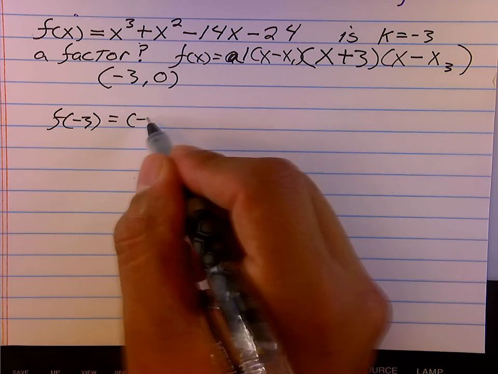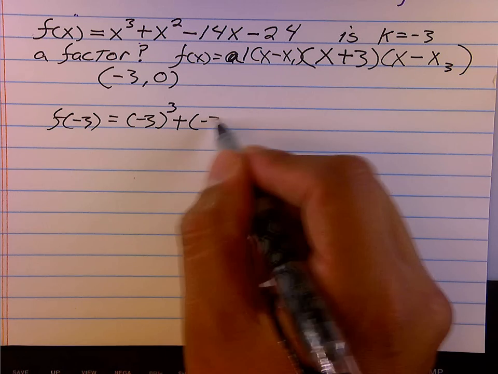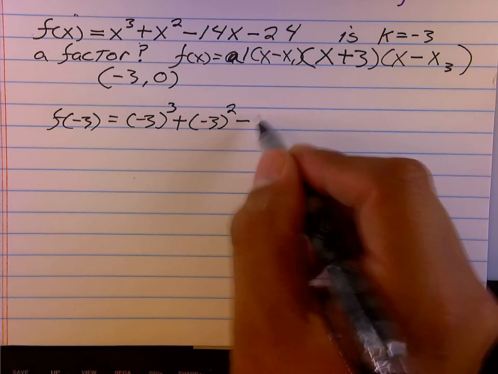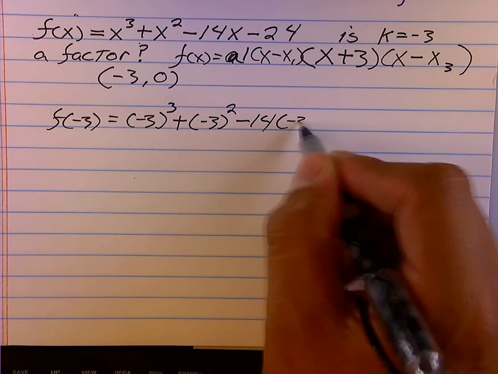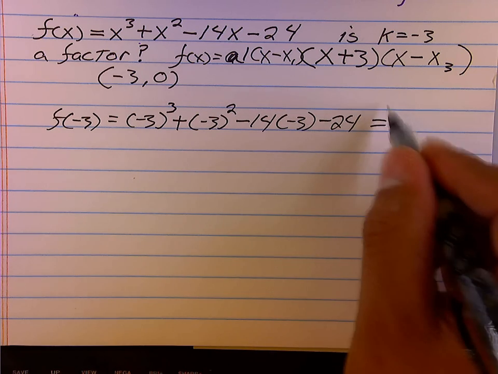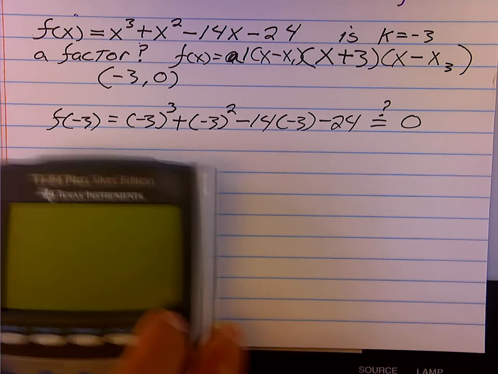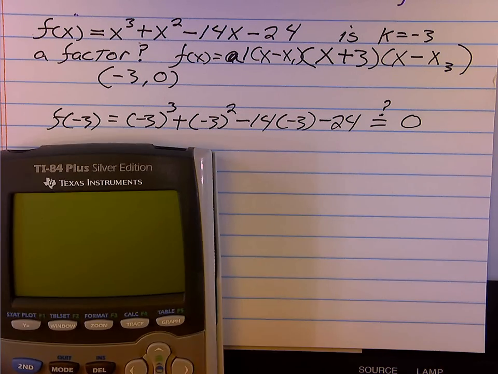I'm going to plug in f of negative 3 and see what happens. Good time to pull out the calculator. The real question is, does this amount equal 0? Yes or no?